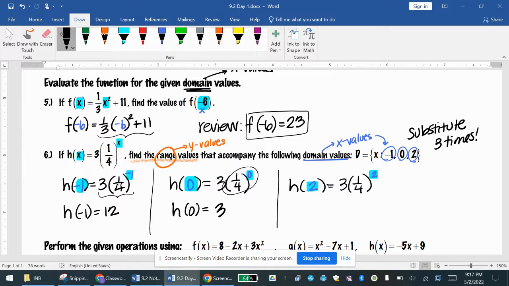So again, I'm going to put this in my calculator. Okay, 3 times parentheses 1/4, close parentheses, quantity squared.